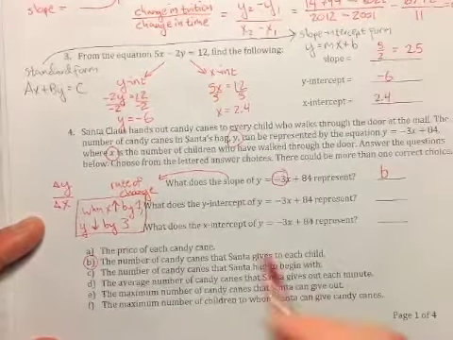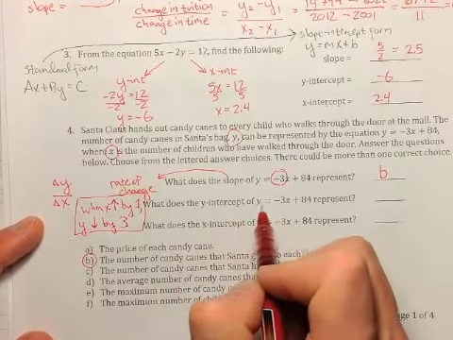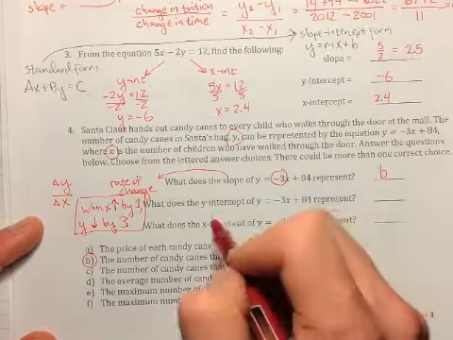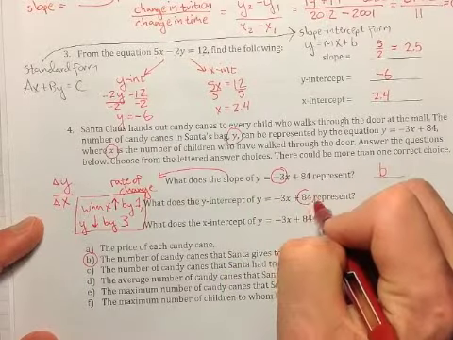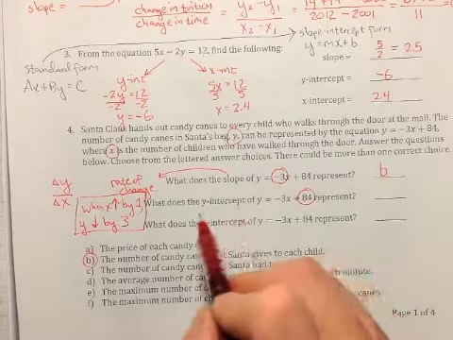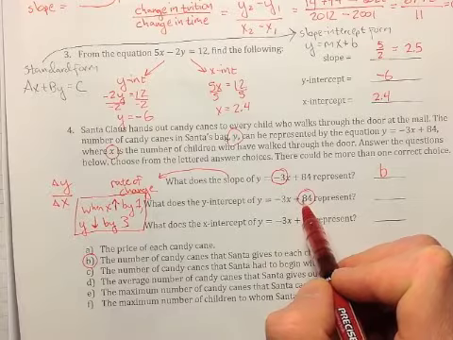Now, let's take a look at the second question. What does the y-intercept of y equals negative 3x plus 84 represent? Well, the y-intercept is 84. Now, what does that mean?